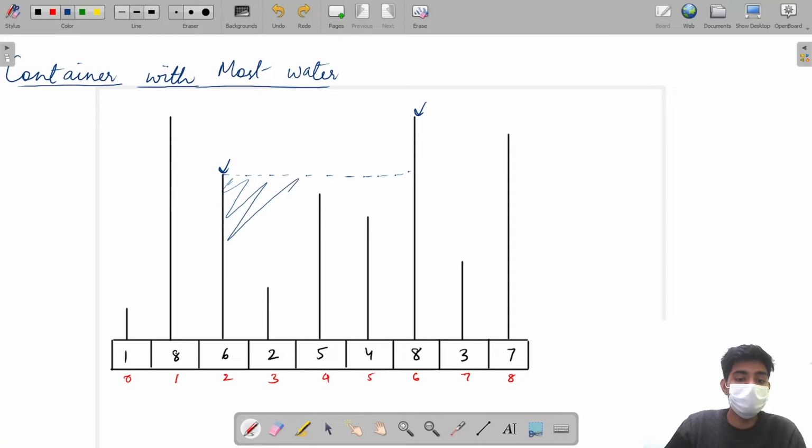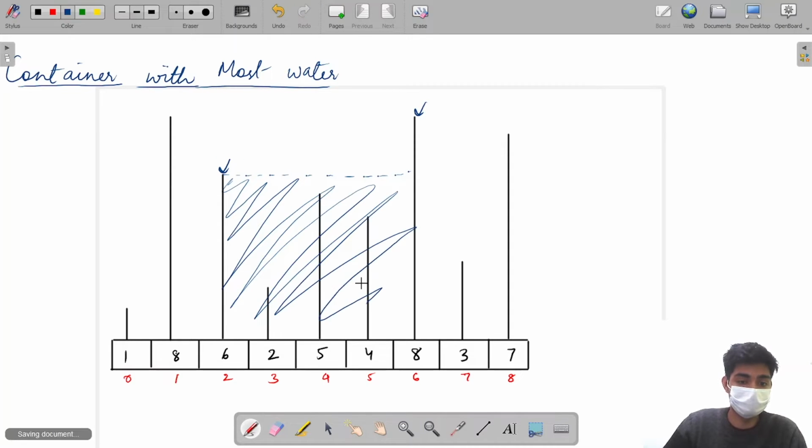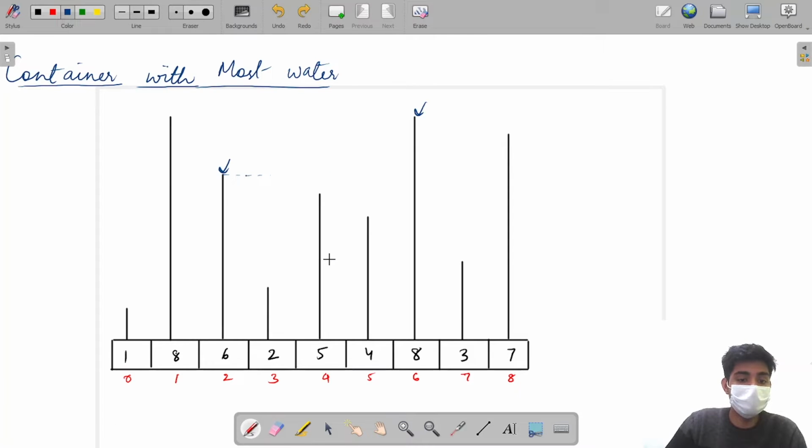So the minimum height of the two numbers will be the height of my container. From 6 and 8, my height of the container will be 6. So I see that my height is equal to the minimum of my two numbers.